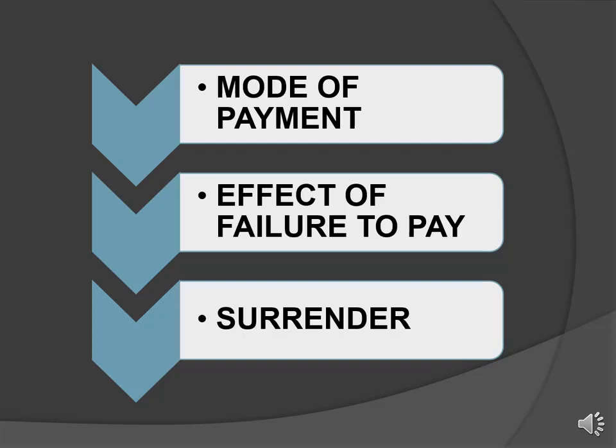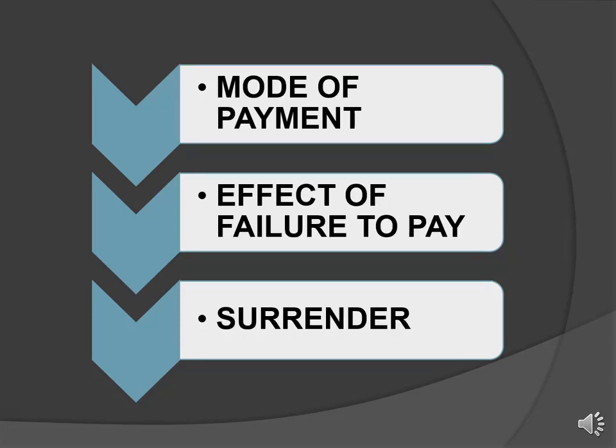What about surrender of certain prerogatives? When the tax is paid, the government does not surrender any of its prerogatives. Upon the other hand, when a license fee is paid, there is a surrender of some of the governmental prerogatives. Why is it so?